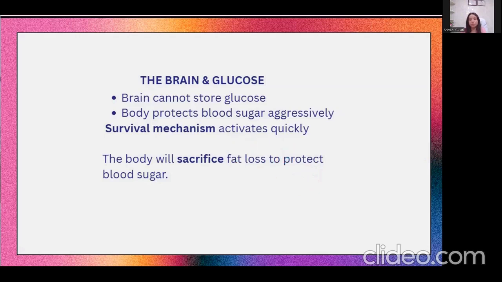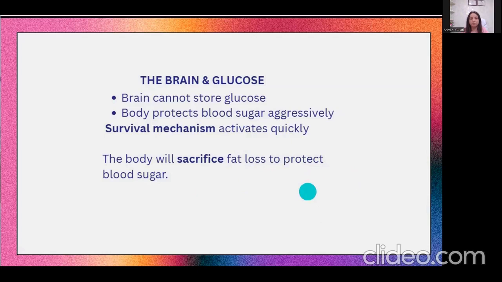If the sugar begins to fall, the body immediately activates its survival mode, with survival hormones, especially cortisol. This can create symptoms such as sudden hunger, irritability or intense cravings. Even hunger equals anger. This is a common thing which we come across.